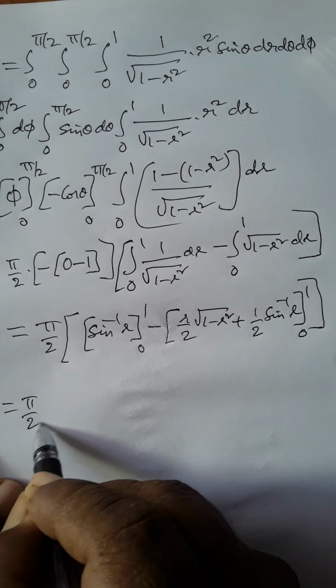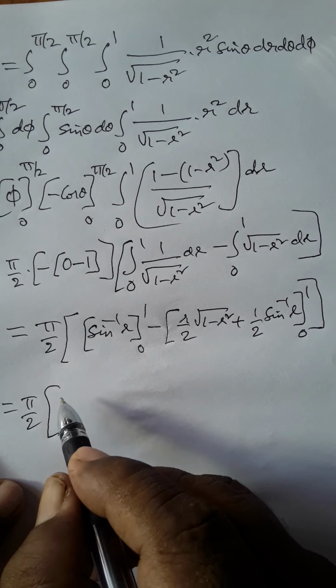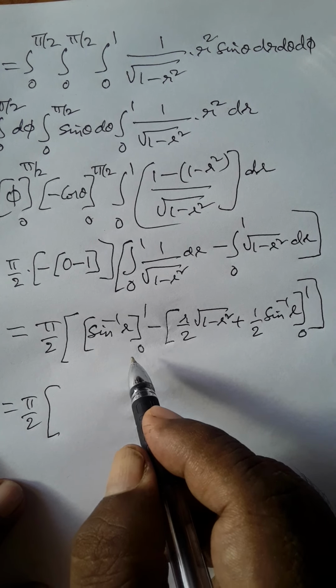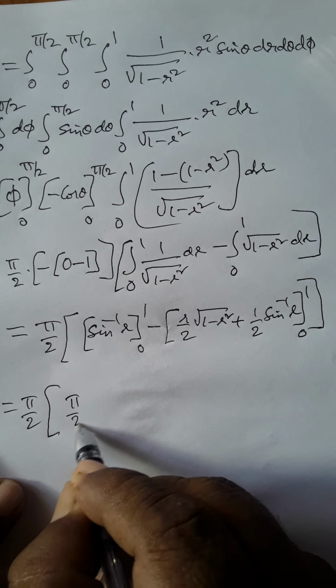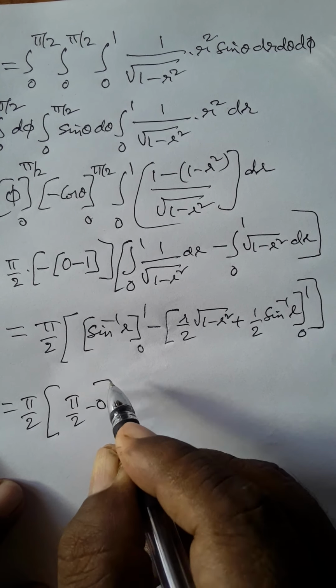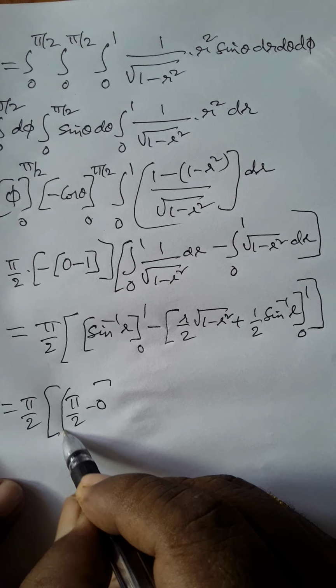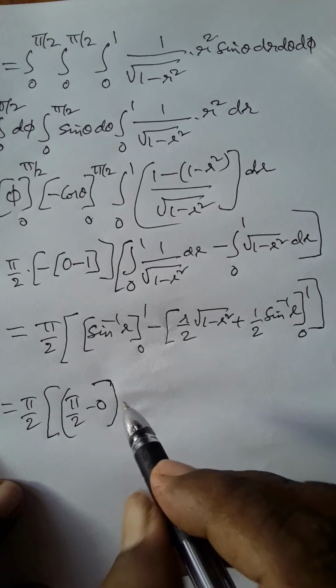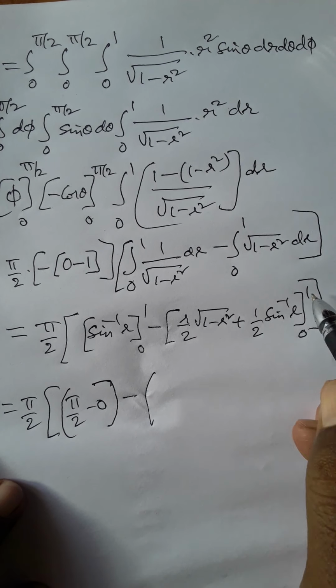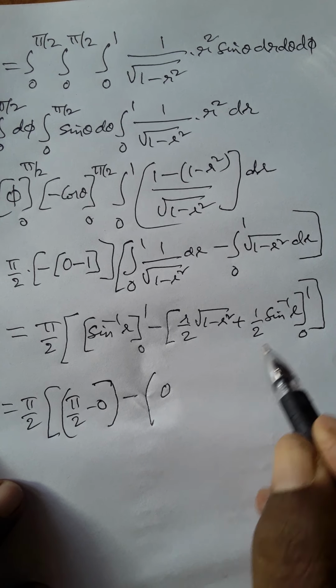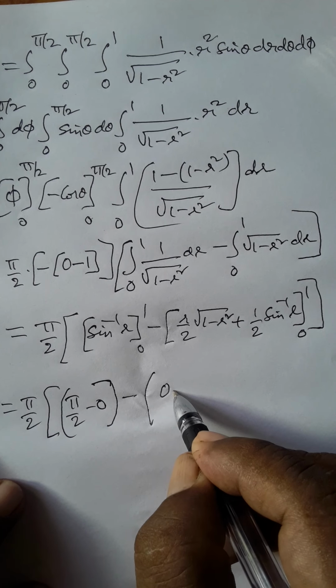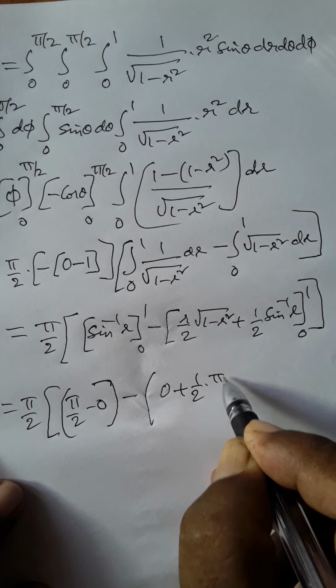Pi by 2 sin inverse 1, sin inverse 0 is 0, sin inverse 1 is pi by 2, minus 0. Upper limit minus lower limit. Here upper limit 1 minus 1 is 0, sin inverse 1 is pi by 2.